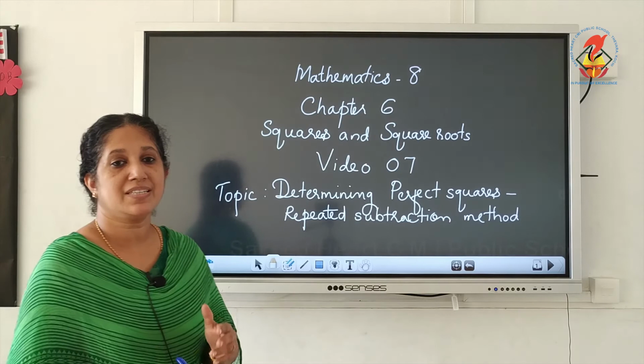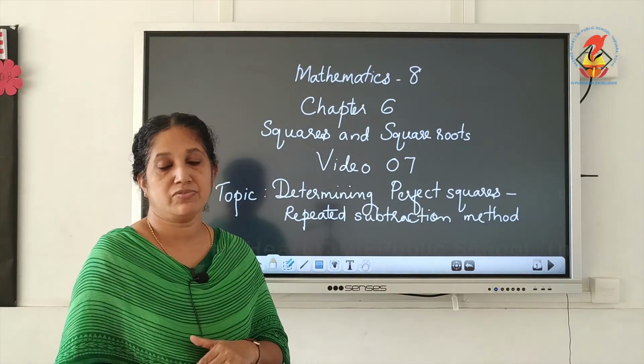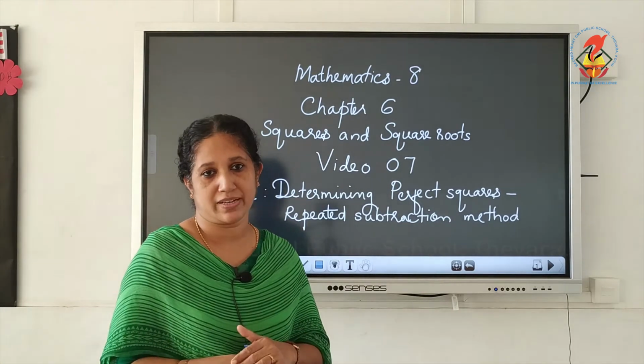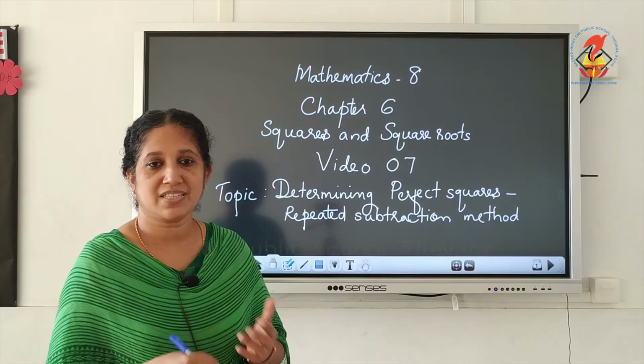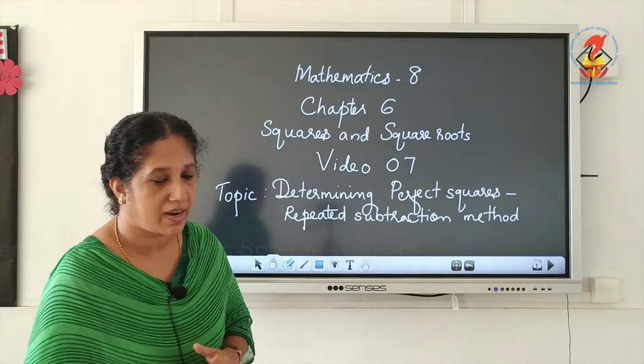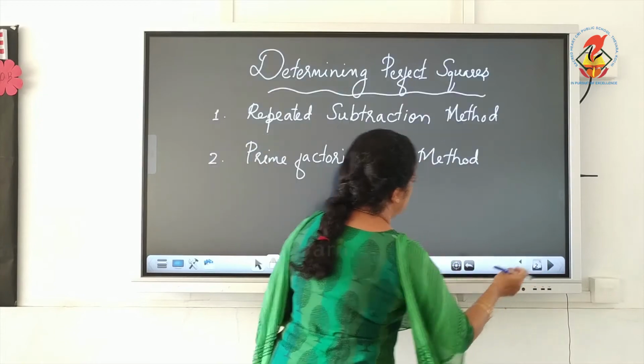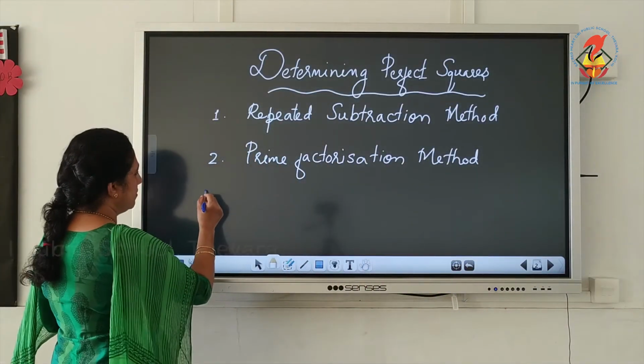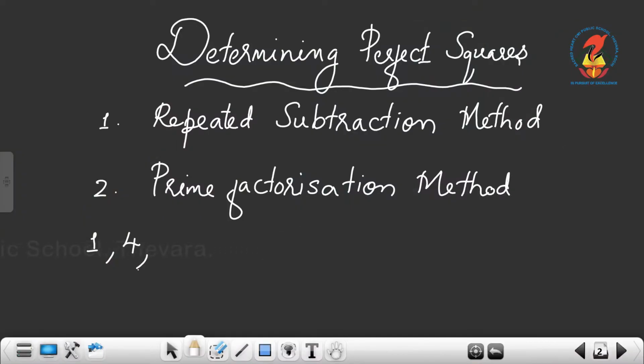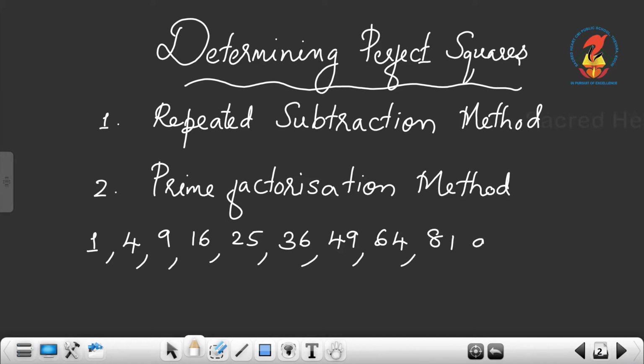Which are the first 10 square numbers? The first 10 square numbers are 1, 4, 9, 16, 25, 36, 49, 64, 81 and 100.